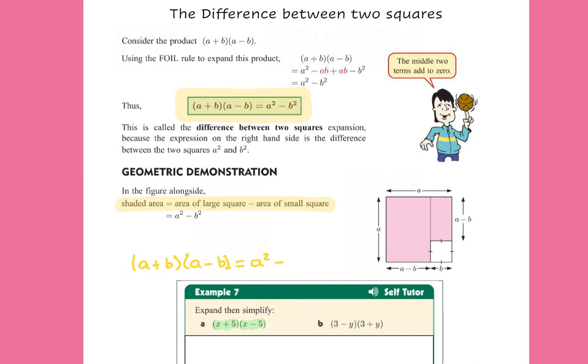And a shortcut tells us that a plus b, a minus b equals a squared minus b squared. So in this case, what's the a? The a is the x, so that's x squared. What's the b? The b is the 5, minus 25.